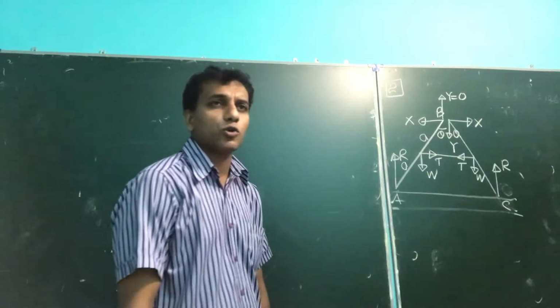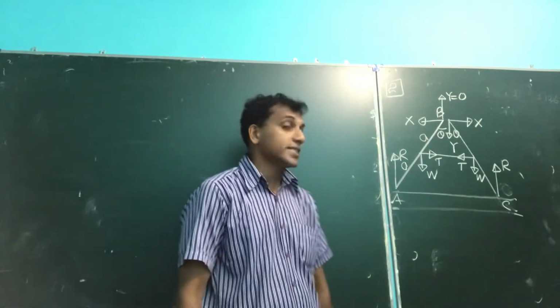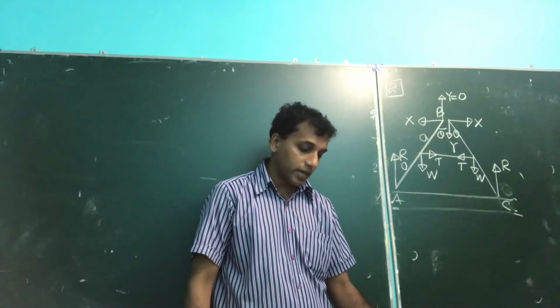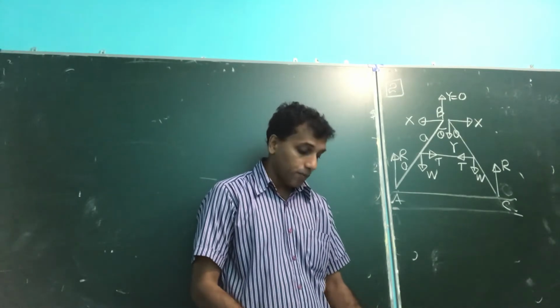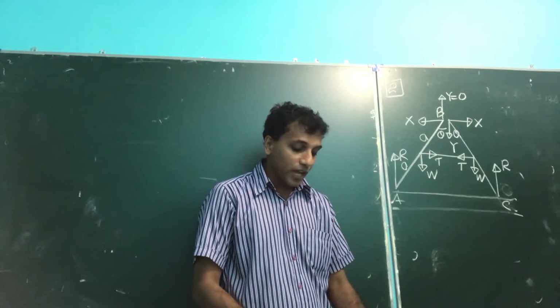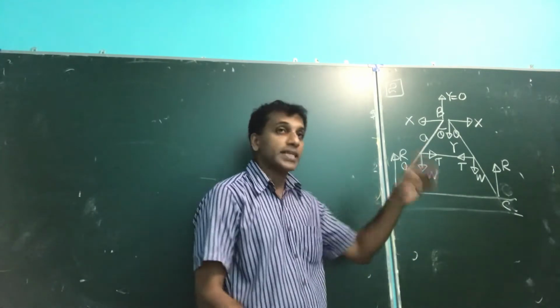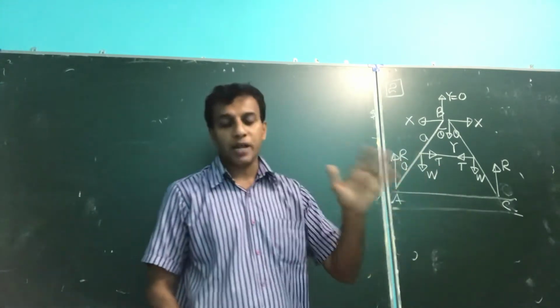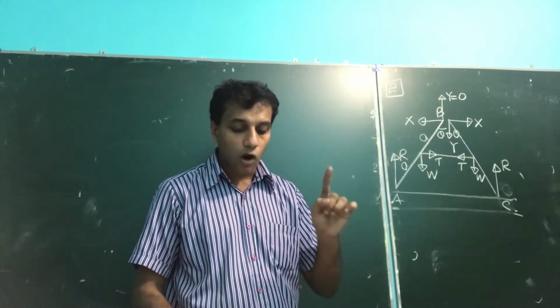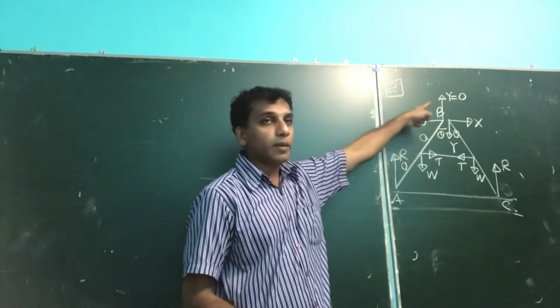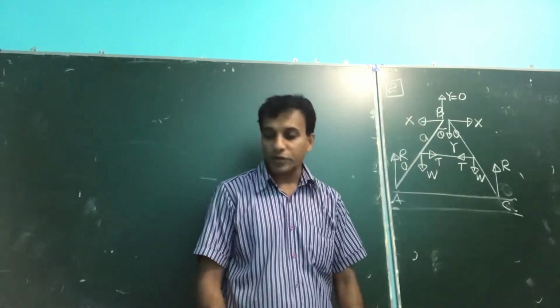So what is the question? The problem is to find the reactions at the points A and C, that means R, then the horizontal and vertical components at the joint B, and also the string tension.